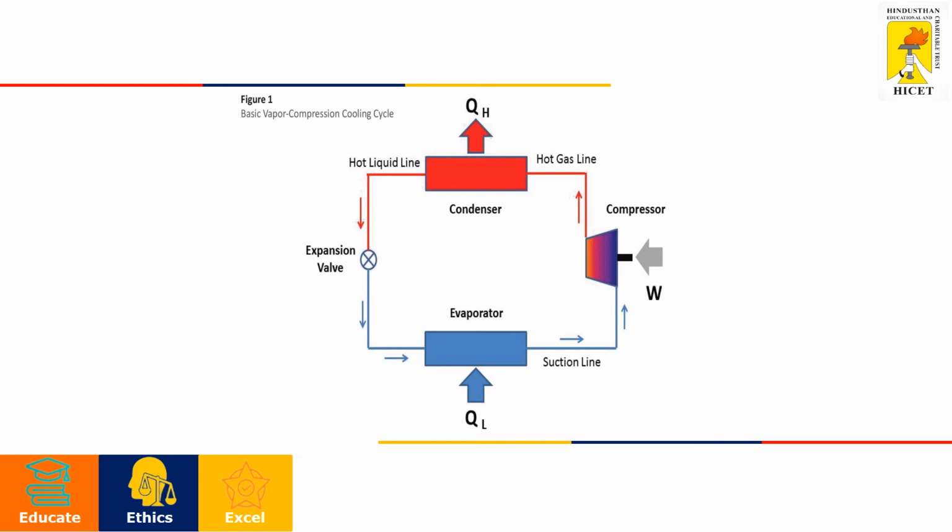Once it removes the heat, the liquid turns into gas, so it comes out as a gas. At this point it is a saturated, low pressure gas. So it enters the compressor.